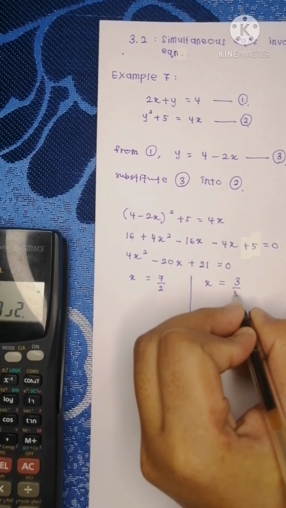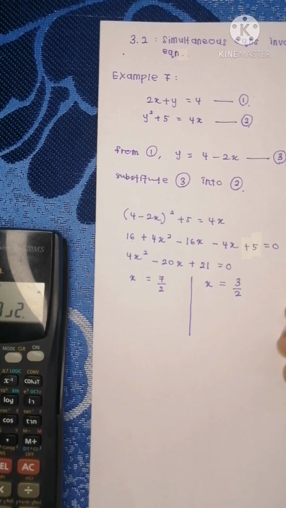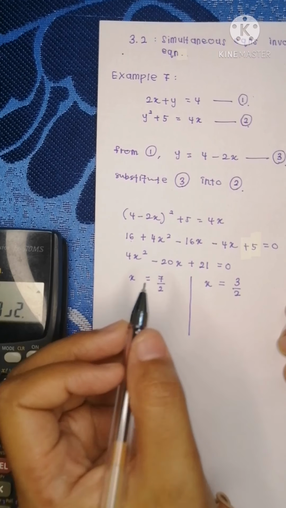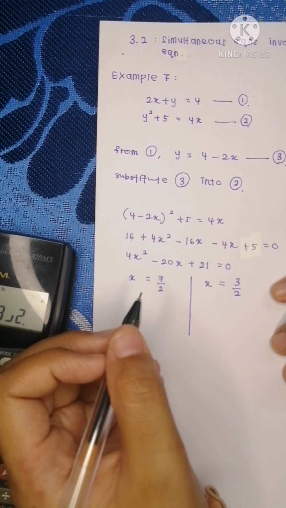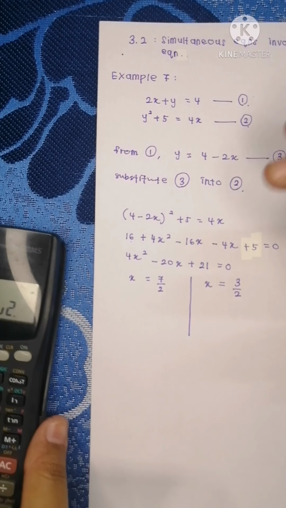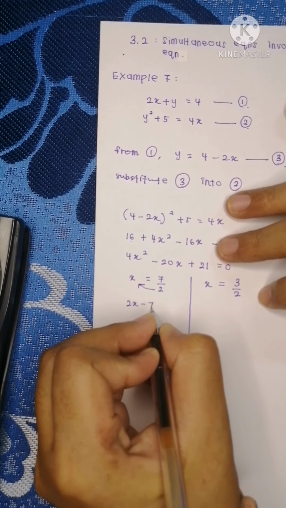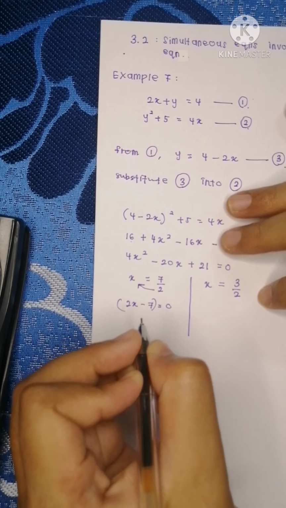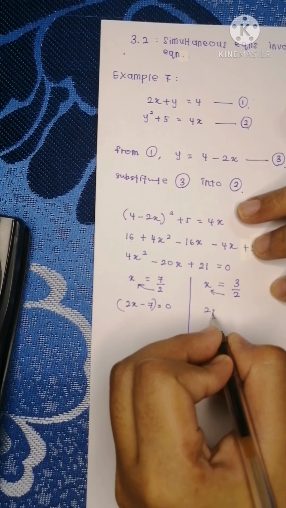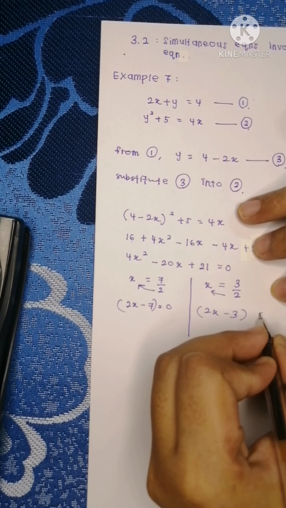So 3/2. Okay, now we want to do the working, which is we need to do it like this. 2x minus 7 equal to 0. This one for the first one. And then 2x minus 3 equal to 0.